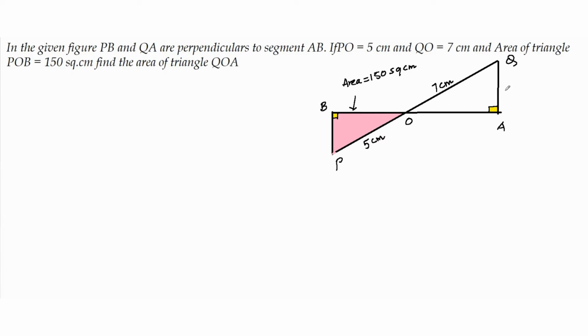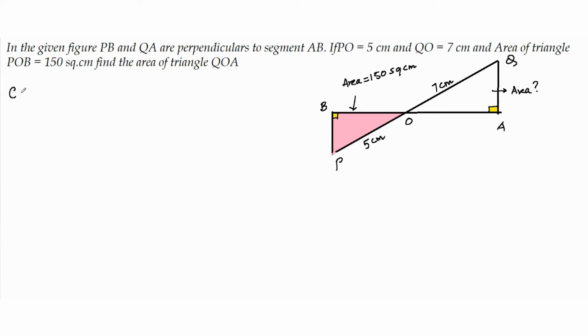We have to find the area of the triangle QOA, right? So this is the question, which means that we have to apply the concept of similar triangles. But first of all, we need to prove that the triangles are similar, because area proposition of similar triangles can be used only after proving that the triangles are indeed similar.